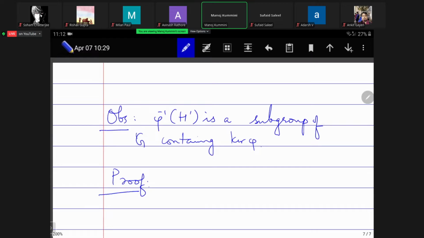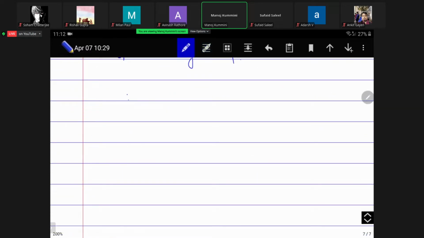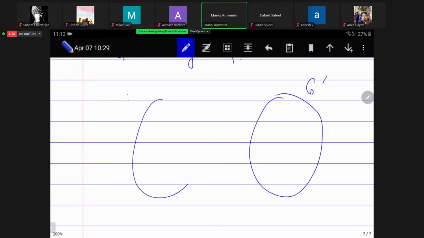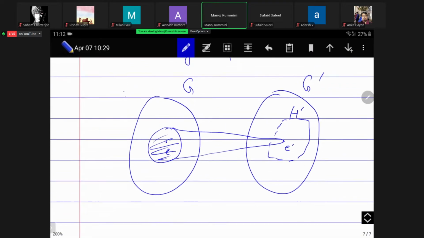I hope the statement that I'm making is clear, maybe I draw a picture before I start. So just schematically, this is G prime. This is G. Here, let me call it E prime, and this is E. And then there is a kernel here. And I'm looking at some subgroup H prime here, and I'm looking at the pre-image.